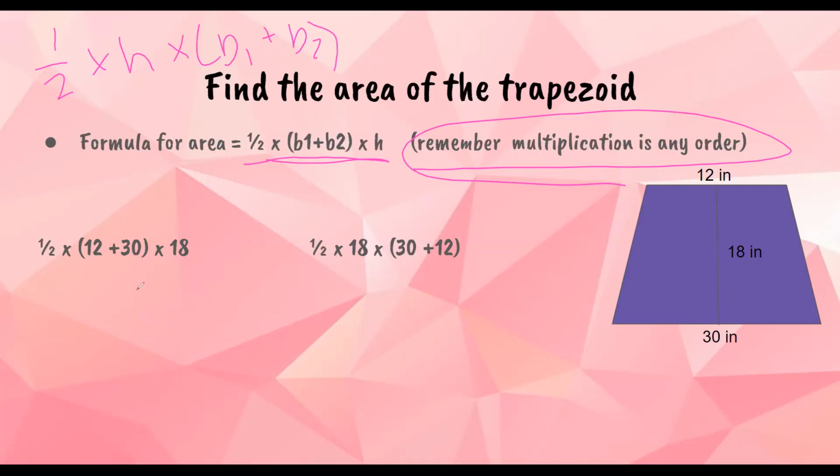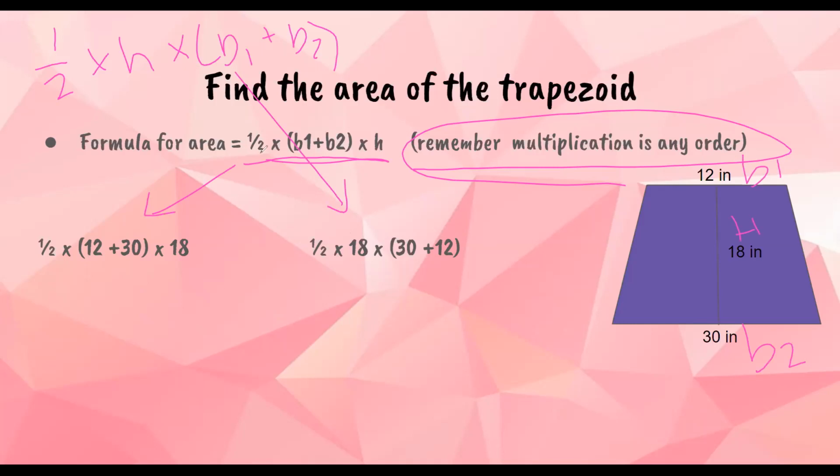I've set them up differently according to the two formulas, the one written here and the one on the last slide, to show you that you will still get the same answer. My 1/2 is going to stay 1/2 in both of them. That's just always the same. Then I have base 1 plus base 2. So this is base 1, base 2, and then that leaves this as my height.